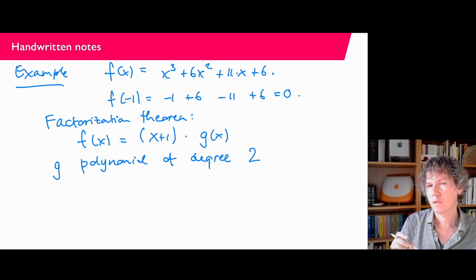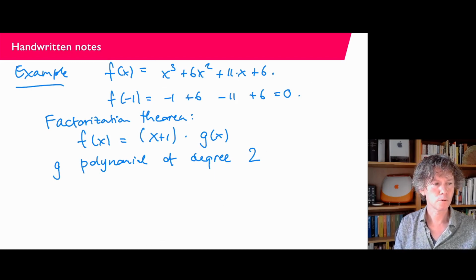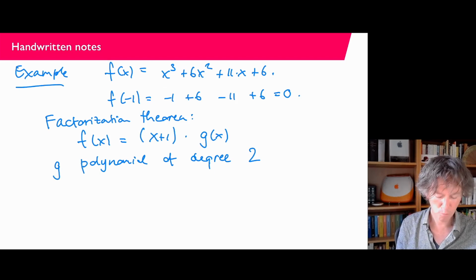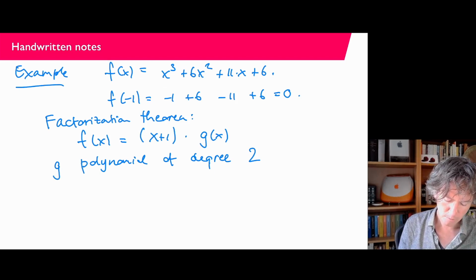Now, if you would like to find this polynomial, there are different ways to do that. One is long division, but I'm not going to do it that way. I'm going to do it a little bit more systematic. And I'm going to say, well, g is a polynomial of degree 2.